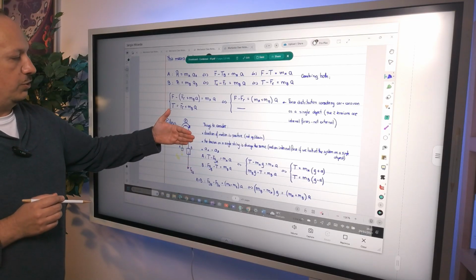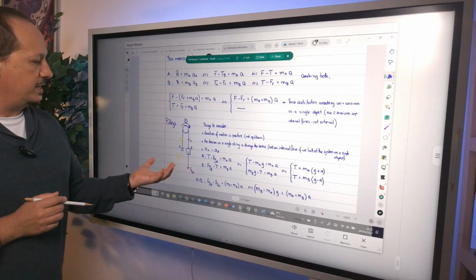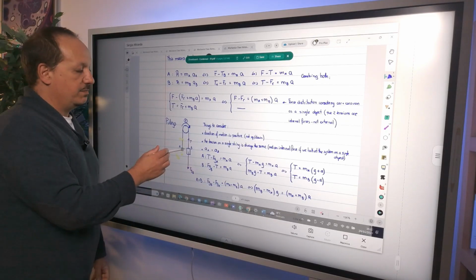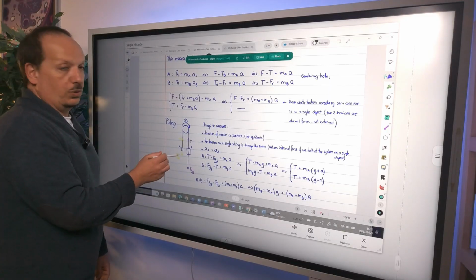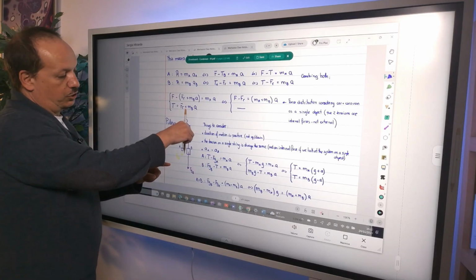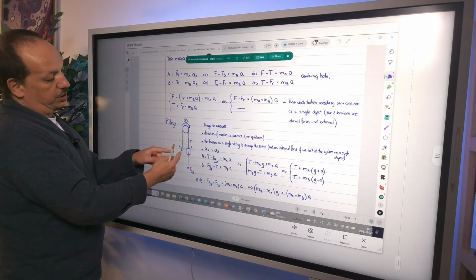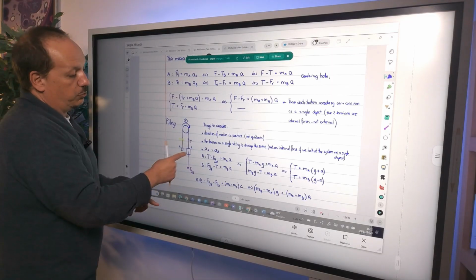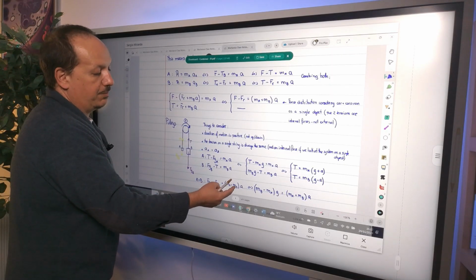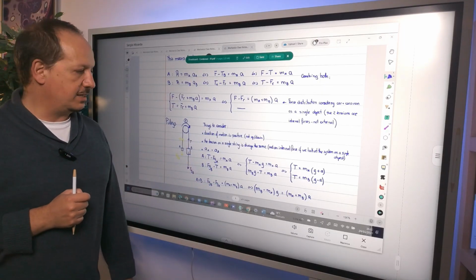So the tensions are going to be internal forces for this object as a whole, and the only forces that you have to worry about are the weights. So the weight of this minus the weight of this. Don't forget that this is going to be positive. This is negative. This contributes to this motion. This one doesn't. So one minus the other equals the mass of the object, which is m_A plus m_B, times the single acceleration that you have associated with this system.